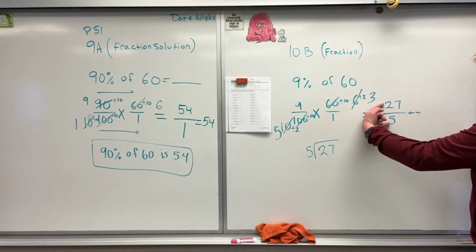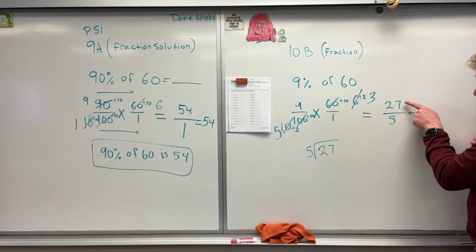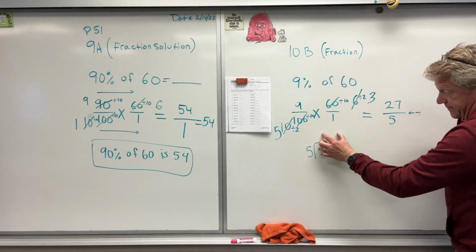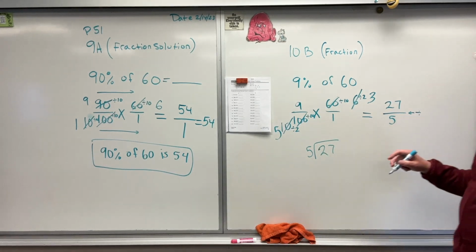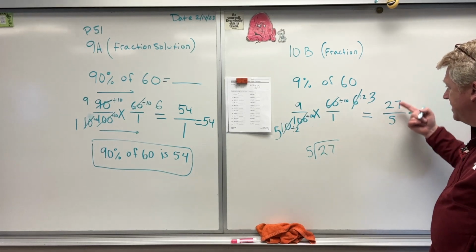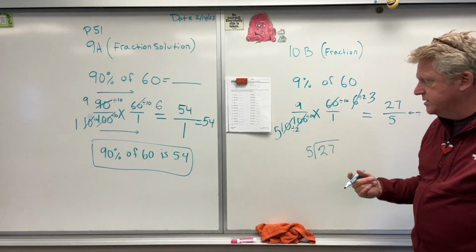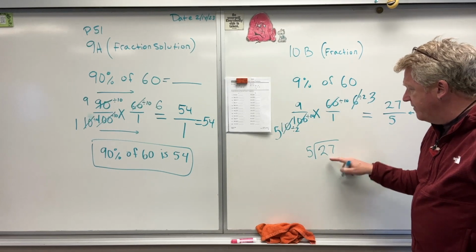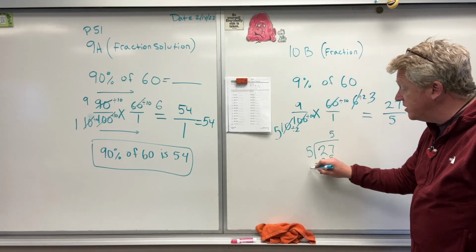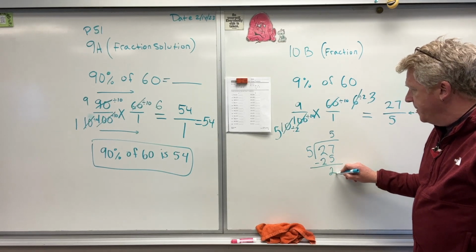It's top heavy, right? It's an improper fraction. The number on top is larger, which means that we're going to get a whole number answer here with a decimal, but it's larger. This answer is larger than 1 whole. So 5 goes into 27 5 times. 5 times 5 is 25. Here's division at work again, right?